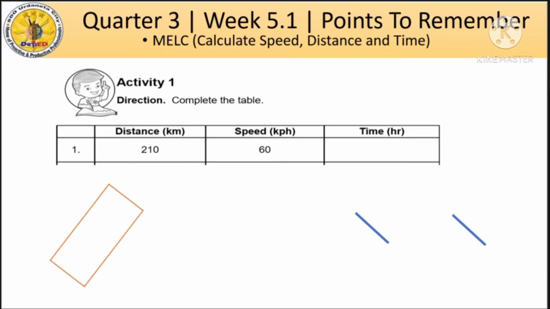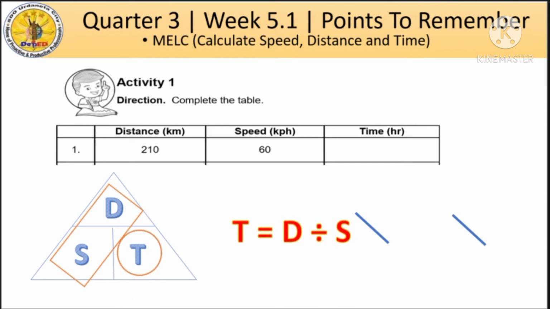Let's have an example in how to compute for the time. For activity number 1 on page 34, we need to fill out the missing column. In number 1, the rate or speed and the distance are both given. We need to compute for the time. Based on the magic triangle, our formula will be time is equal to distance divided by the speed.